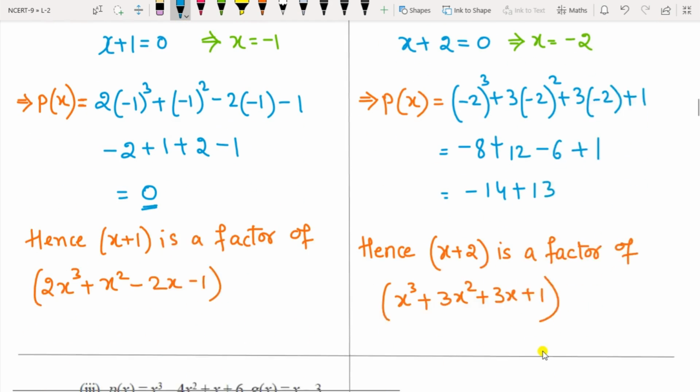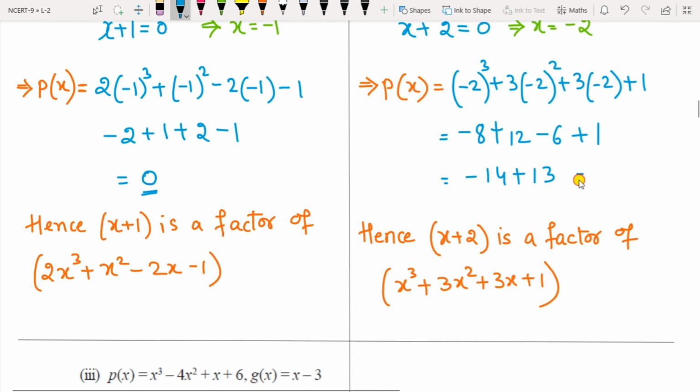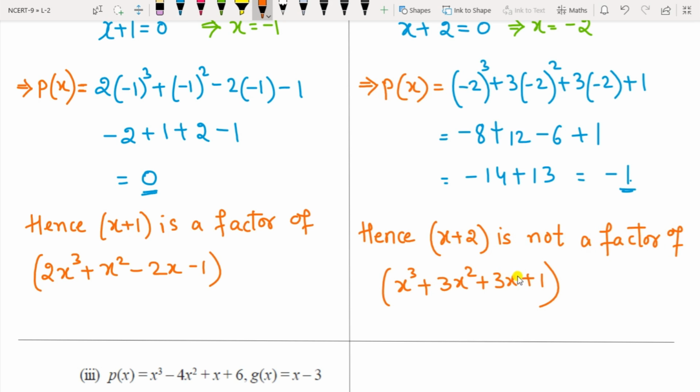And here you are getting it as minus 1. Okay, so here it is minus 1, you should get it as 0, so x plus 2 is not a factor of this px.